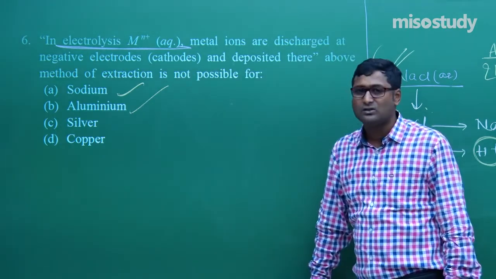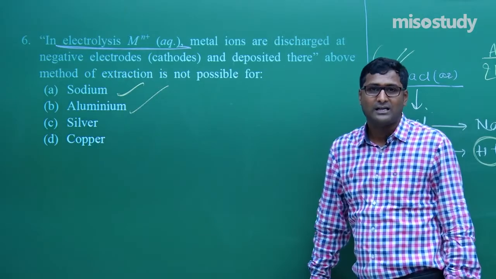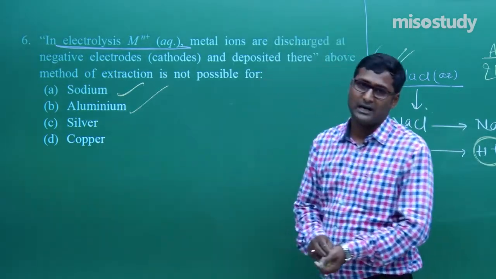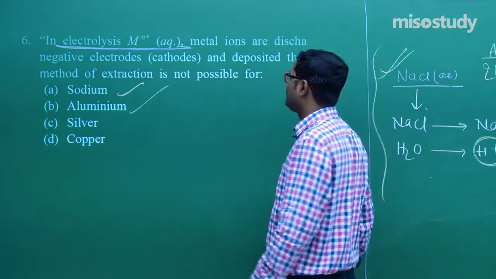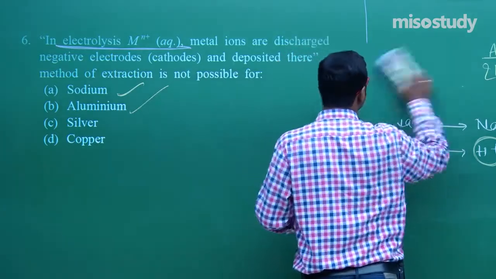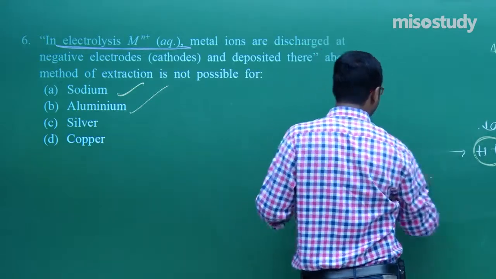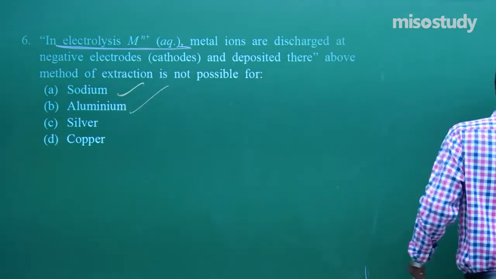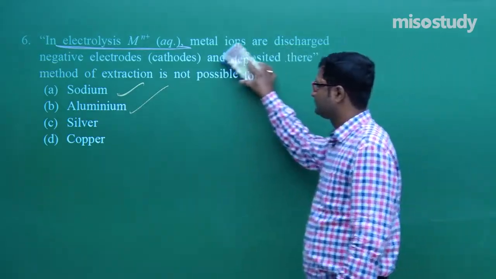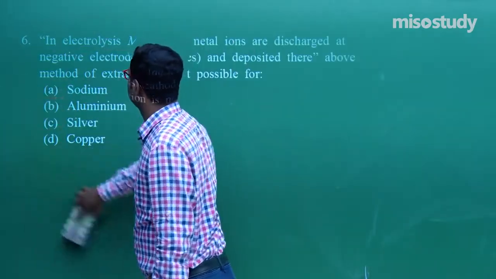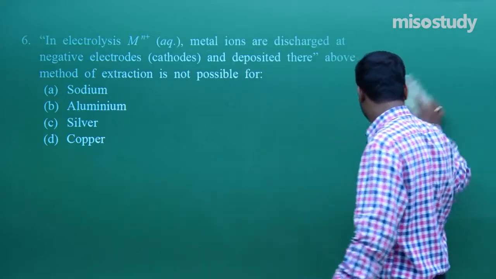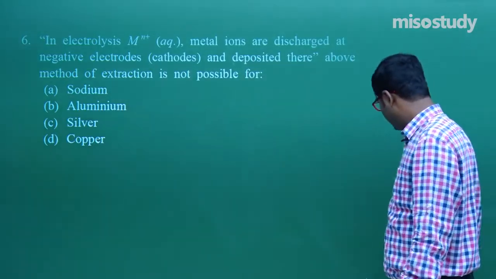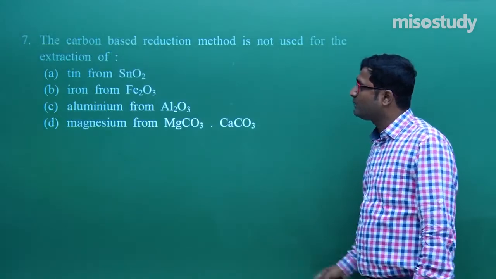Clear? So for this question, what is the correct option? A and B is the correct option. Clear? Now let's move to the next section. Listen carefully. Question number 7.